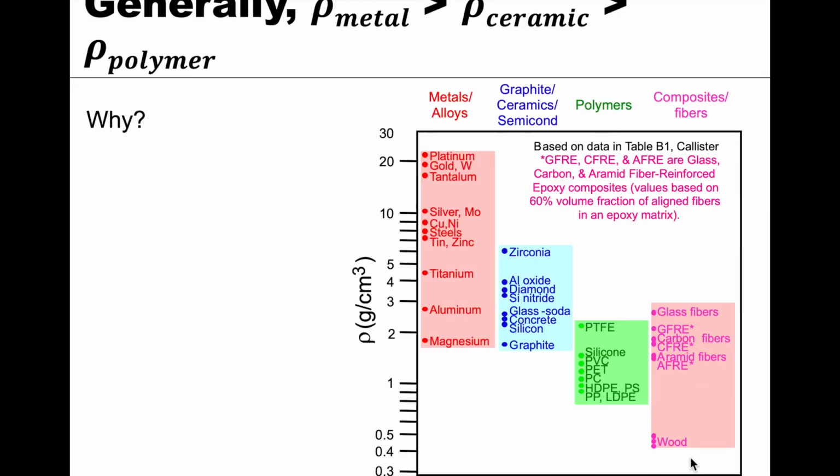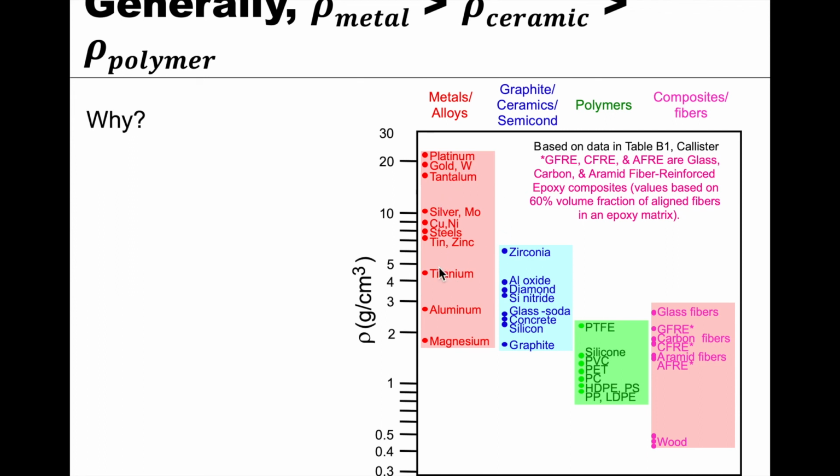All right, so we've taken a look at the density of chromium, and so now let's look at general trends. So in general, the density of metals is higher than the density of ceramics, which is higher than polymers. So let's take a look at this chart. So this is density in the units we just used, so grams per centimeter cubed.